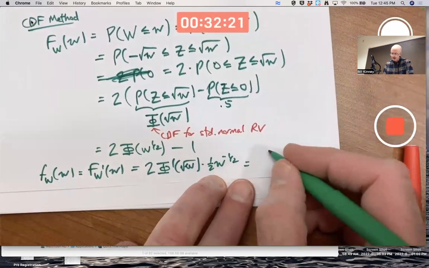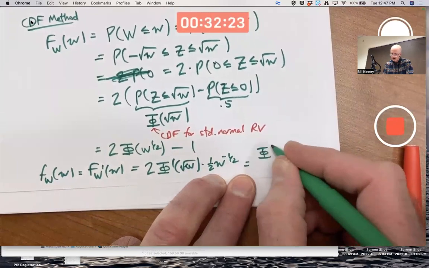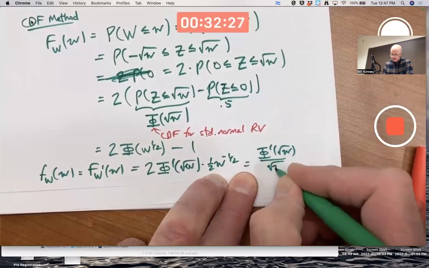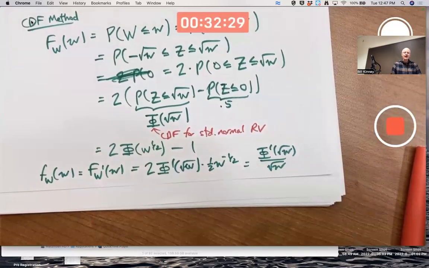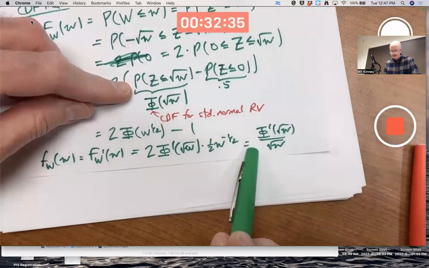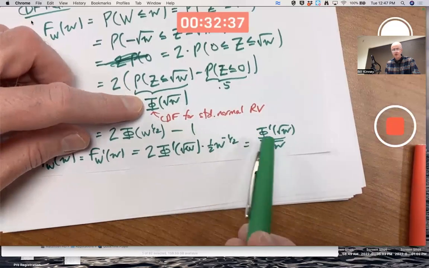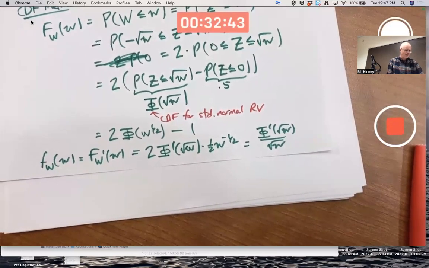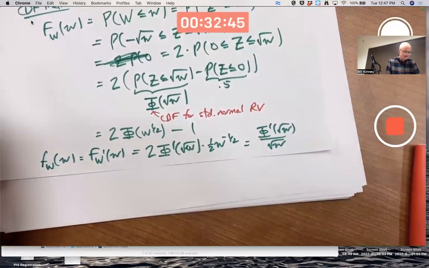The 2's cancel. I could write this as capital phi prime of the square root of w divided by the square root of w. Interesting. How is it useful? This is the CDF for a standard normal random variable, and there's its derivative. Maybe I need to look up the PDF for a standard normal. I'm getting excited here. I think we're getting close.